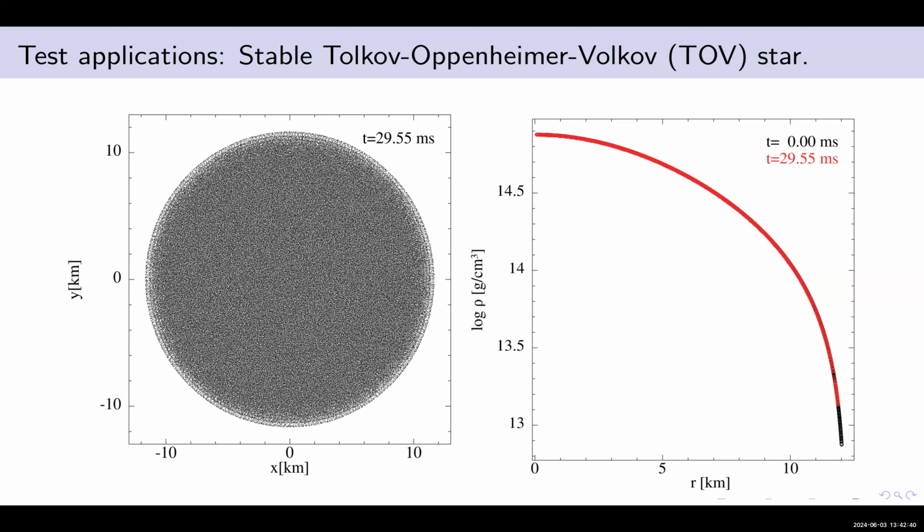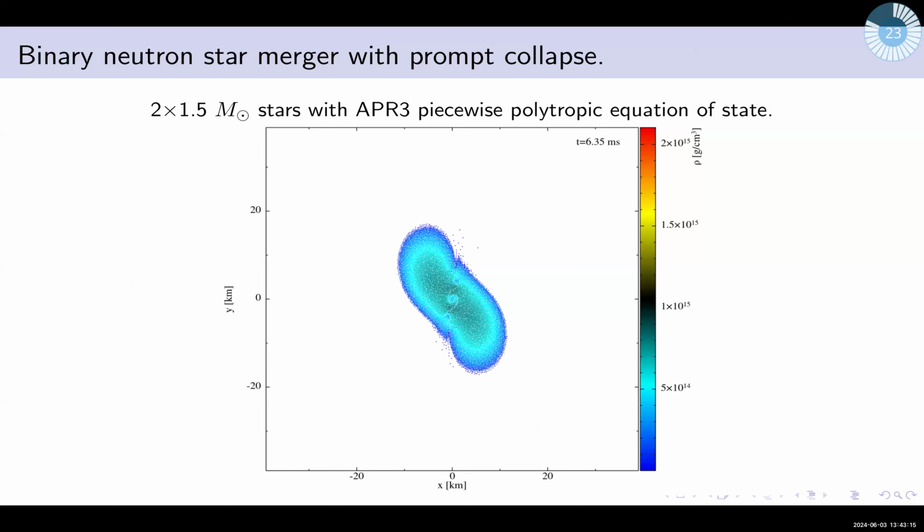And at t equals 30, we see that it has hardly changed at all. Of course, there are some oscillations, and some of the particles have moved away from the initial position. But again, everything is nice and stable, with no problems at the surface. I should also mention that here I am showing all the particles, so there are no particles that are off or something.